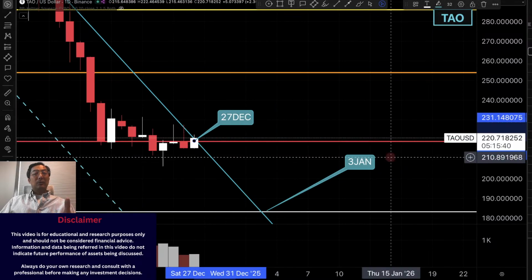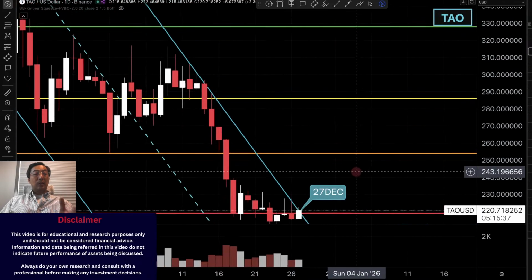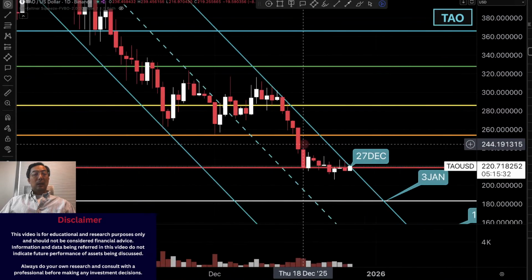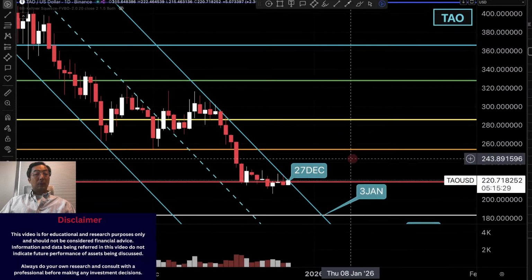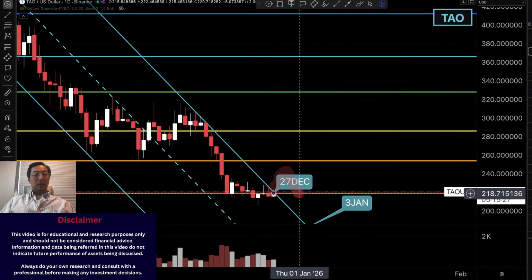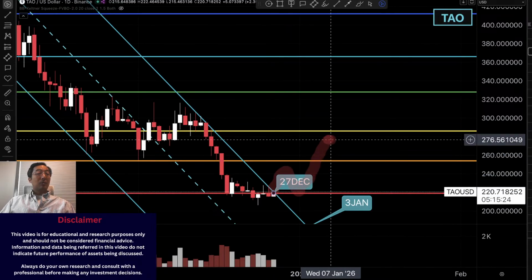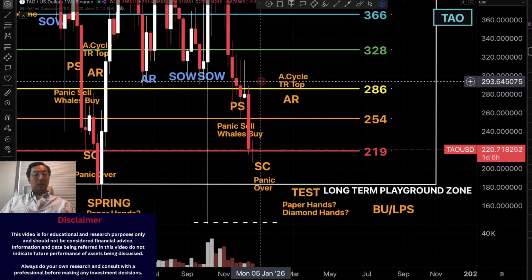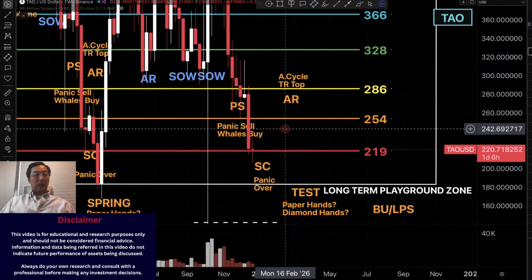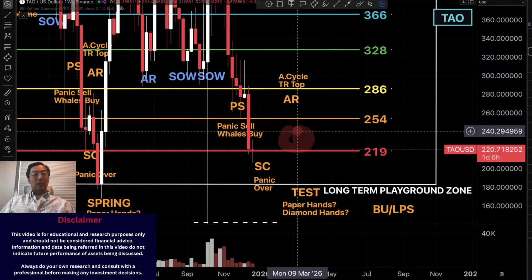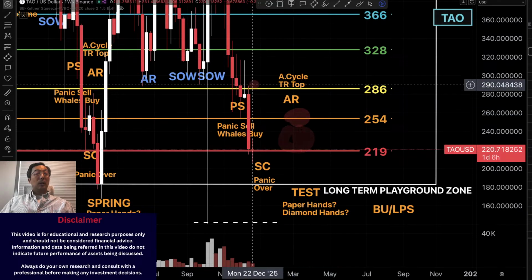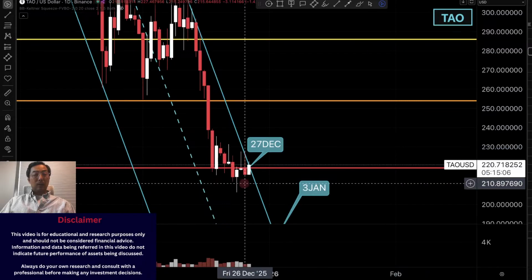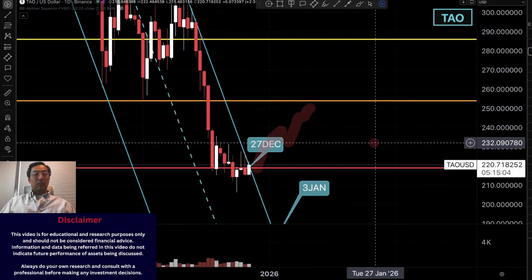If it finally confirms that it has gone outside of this downward channel, like what Bitcoin has shown us, then it may travel slightly sideways and then gain strength to the automatic rally level that I talked about just now, may it be somewhere between the orange and red key levels, or somewhere higher than the orange.